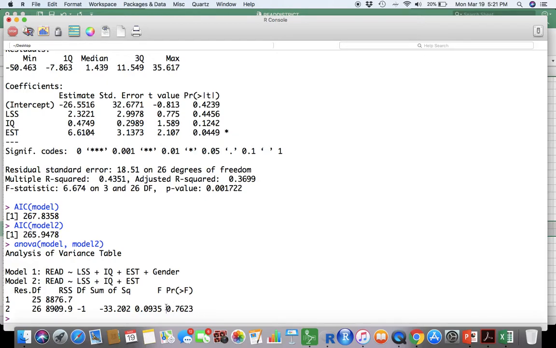So if we get a p-value here less than 0.05, then the second model is an improvement over the first model. So this is where statistics gets fuzzy, depending on which story you want to tell.